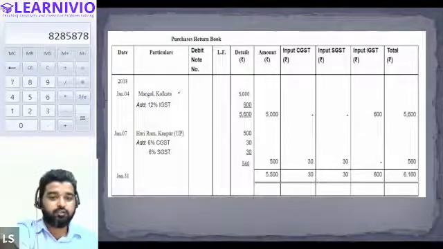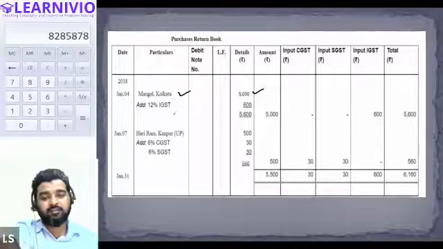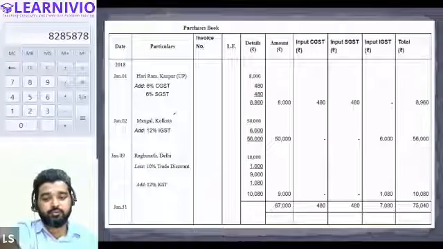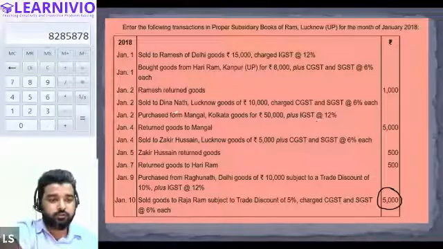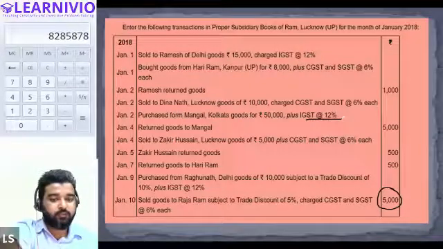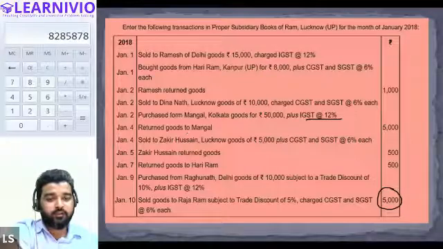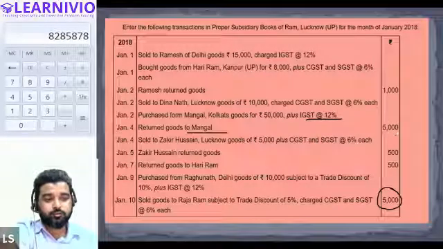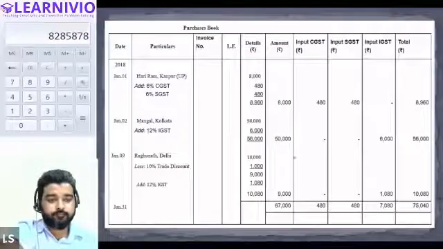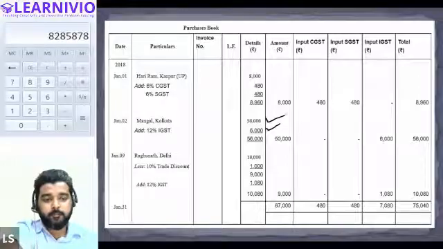We are returning goods to Mangal, 50,000, because there is no trade discount, but GST is applicable. So GST needs to be added. When we purchased goods, there was a GST of 12%. So at the time of returning as well, we'll have to add the GST amount. So this will be 50,000 plus 6,000.